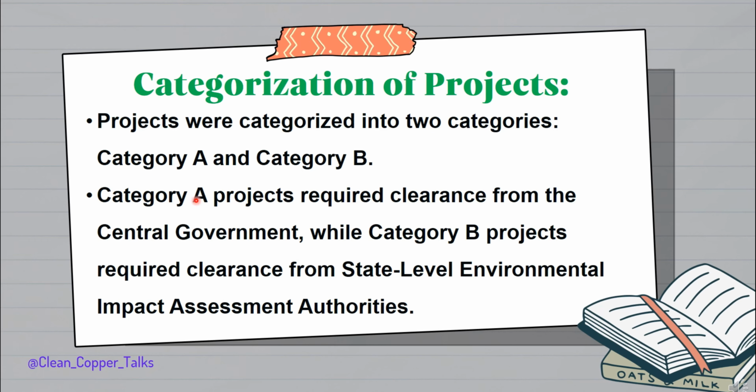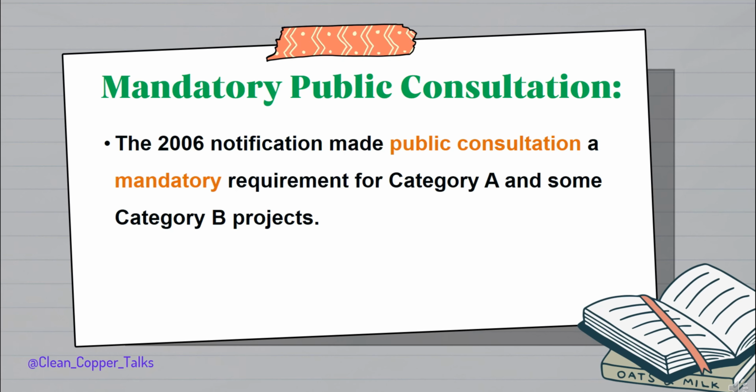Simply, the category A projects required clearance from the central government, while the category B projects required clearance from state level environmental impact assessment authorities. The 2006 notification also made public consultation a mandatory requirement for category A and some of the category B projects.